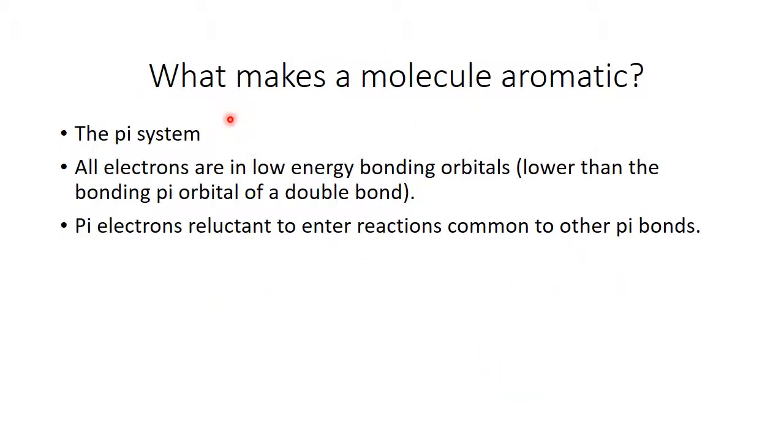What makes them aromatic is the pi system. We already know that two carbons will form a pi bond by taking two p orbitals and overlapping them, and it makes a pi bonding and a pi antibonding orbital.